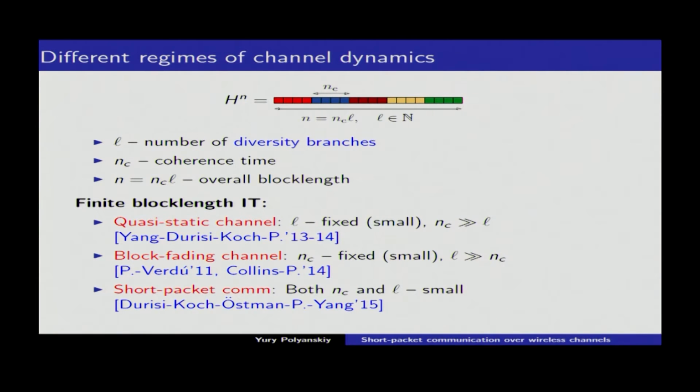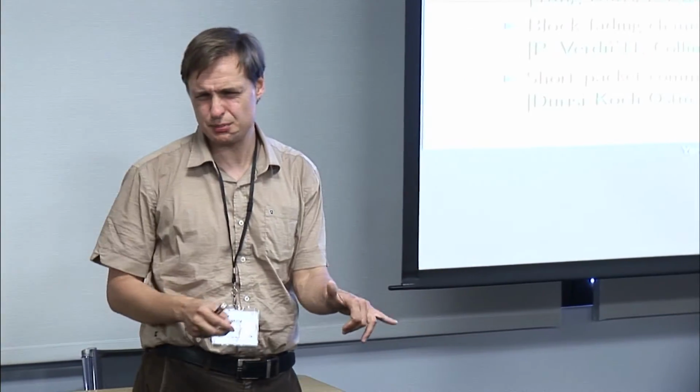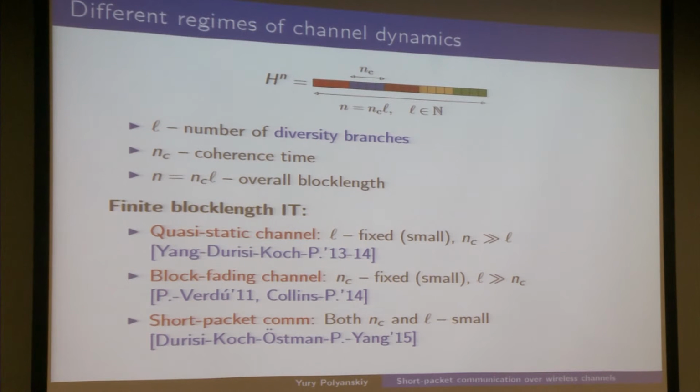Now what we do in my work, in the work of my colleagues and students, is we consider three different situations where we don't take anything to infinity. In the first, the number of diversity branches is small and the coherence time is humongous. This is typically the setting of low mobility. In the second scenario, we play the other game: the coherence time is fixed, and you observe terribly many diversity branches.